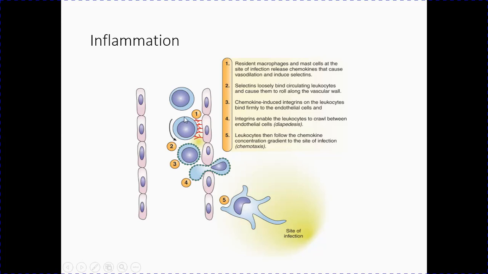So it widens the vasculature. Selectins are released and they bind circulating leukocytes. Yeah, see, I was right to say leukocytes, not lymphocytes. They bind circulating leukocytes to the vasculature.